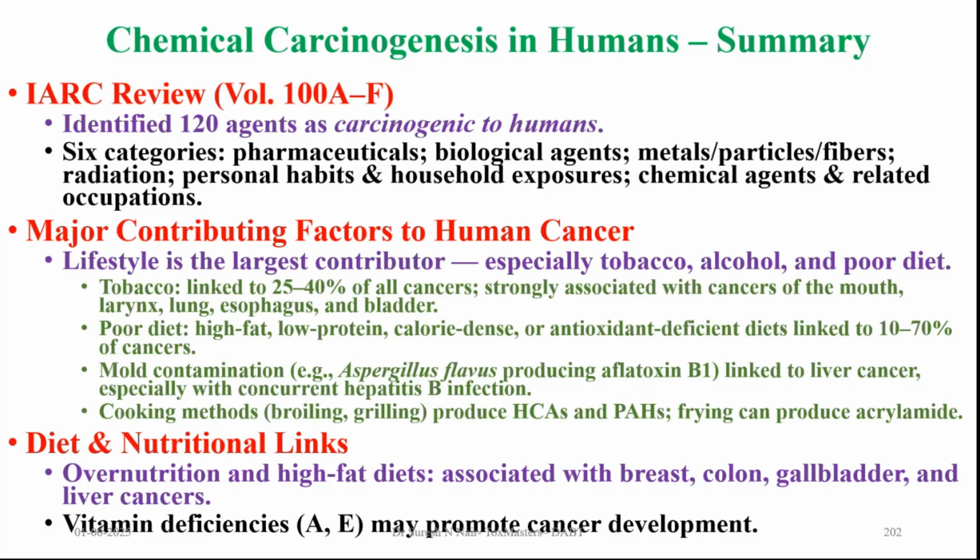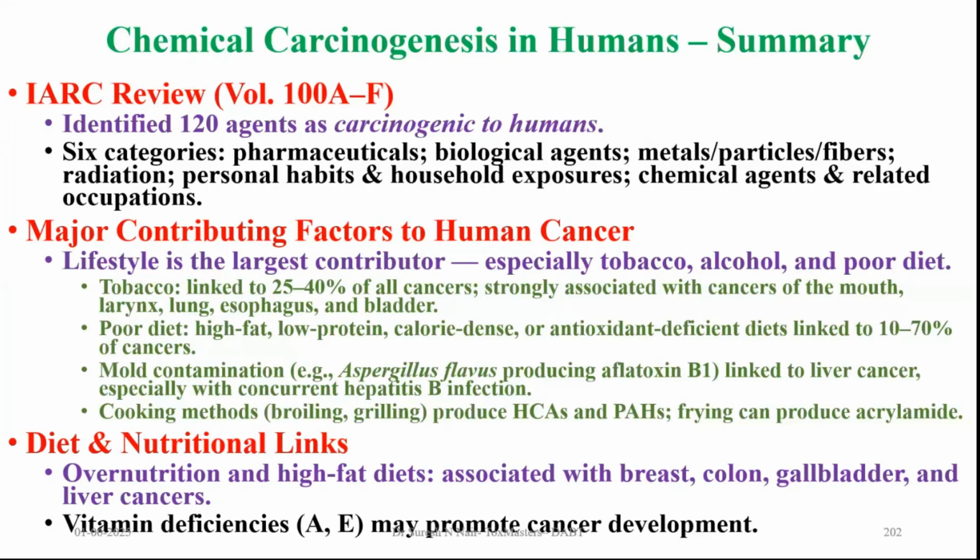Now, the major contributing factor to carcinogenesis is lifestyle. So remember the first slide that I have given, in which a pie diagram shows lifestyle as the most important contributor, especially food, which is contributing maximally to the development of cancer.